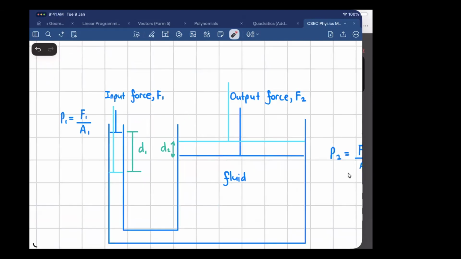What makes for pressure? Force on area, correct? So if this area is a lot larger and this area is a lot smaller, the area is changing. So if the area is changing, what will also change to keep the pressure the same?